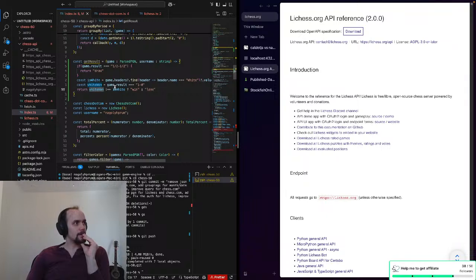So basically, if white won and you're not white, then you lost. Actually, I think they need to be equal, right? We want it to be equals. So if white won and you're white, then you win.